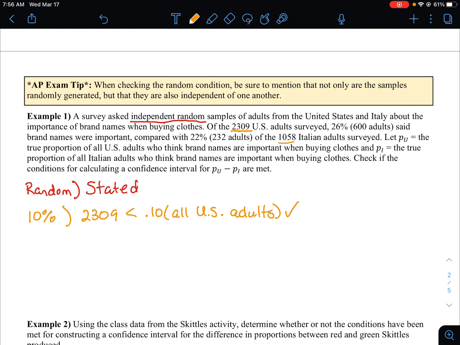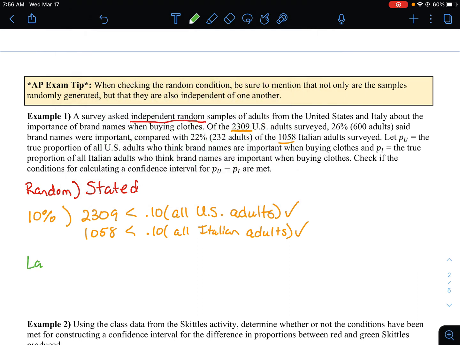Likewise, for Italy, 1,058 is less than 10% of all Italian adults. Now, I don't know the population of Italy offhand, but I'm very, very confident that it's more than 10,000 adults. So, we're good here on our 10%, right? We're checking it for each population.